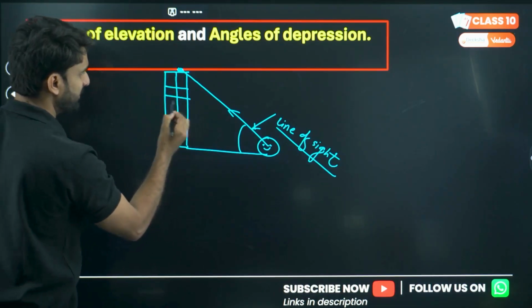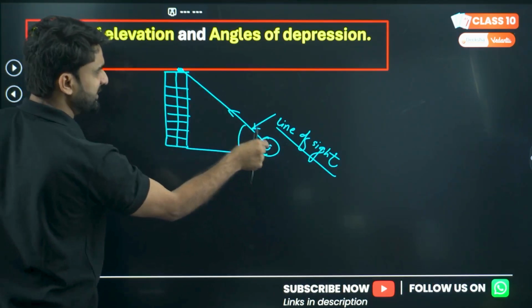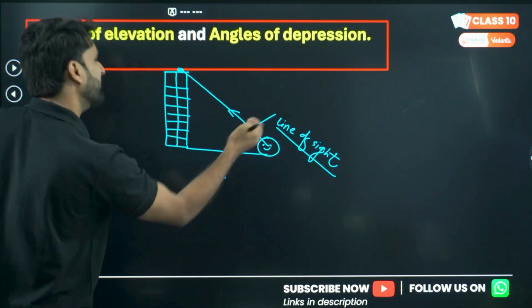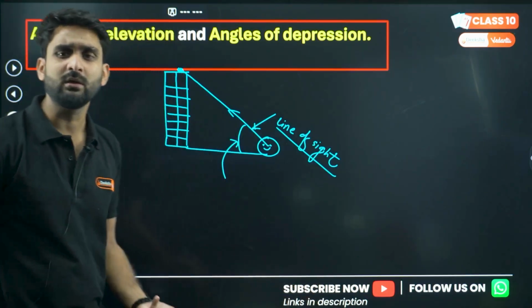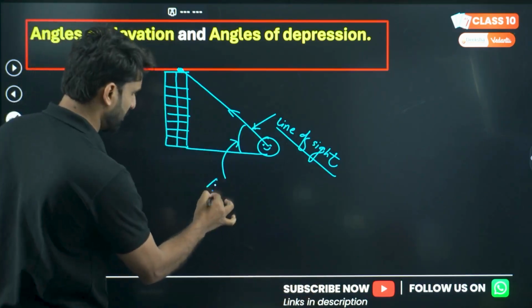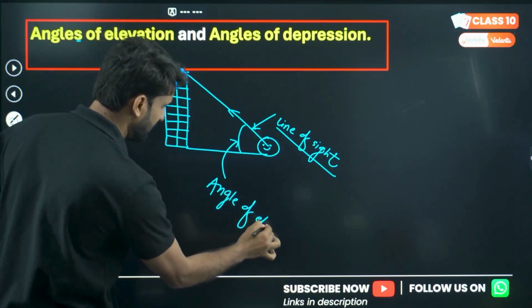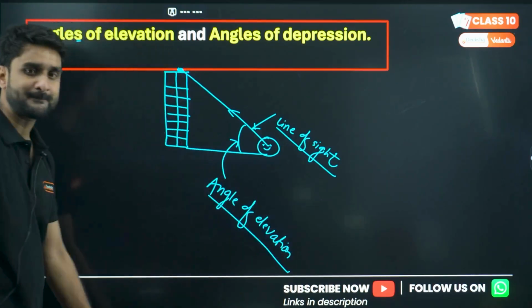This is a tower. This is the line of sight because this boy is looking at the top of the tower. This angle, whatever it is, it might be 30 degrees, it can be anything, is called the angle of elevation, my dear kids. Please keep it in mind, angle of elevation.